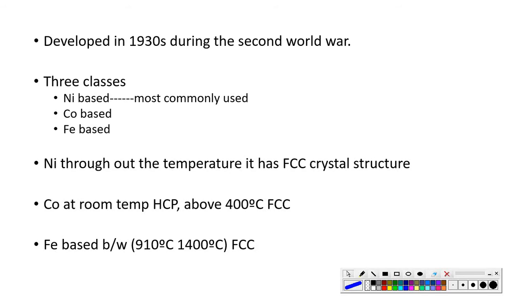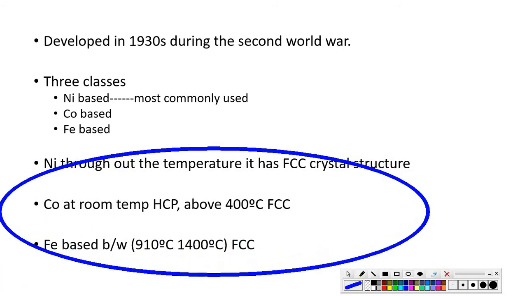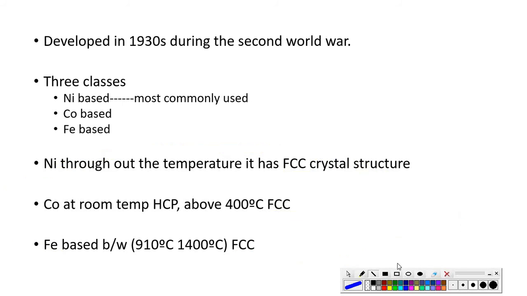Austenite has an FCC crystal structure. So here we can see one common thing in these three cases, nickel, cobalt and iron: at a high temperature, every material shows an FCC crystal structure. So next I will explain the importance of the FCC crystal structure.